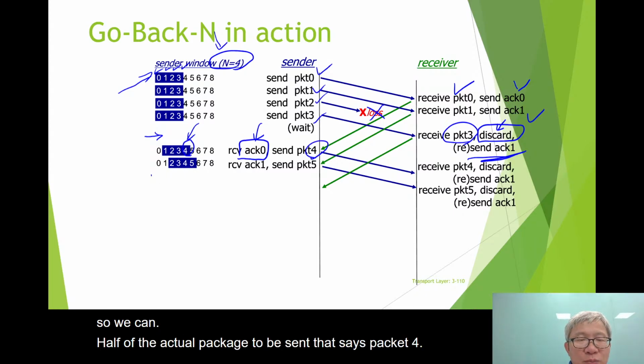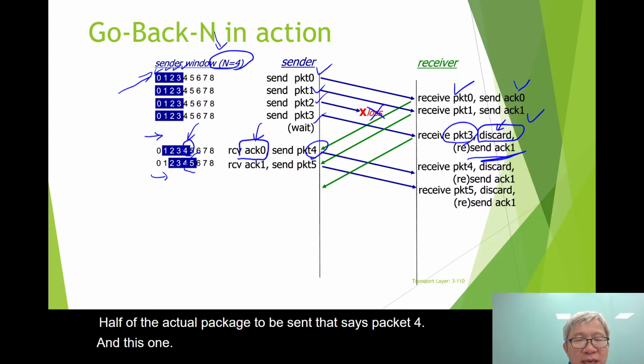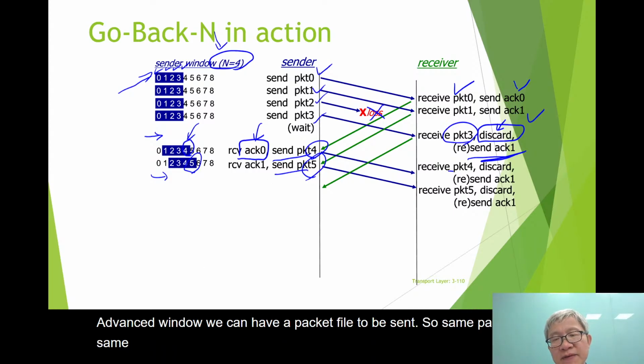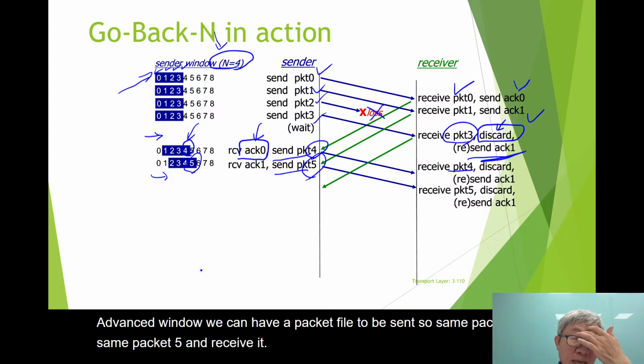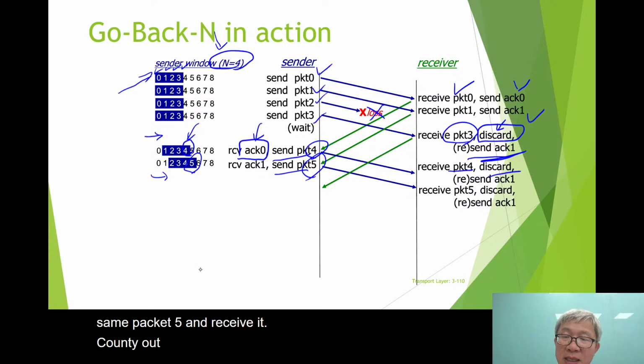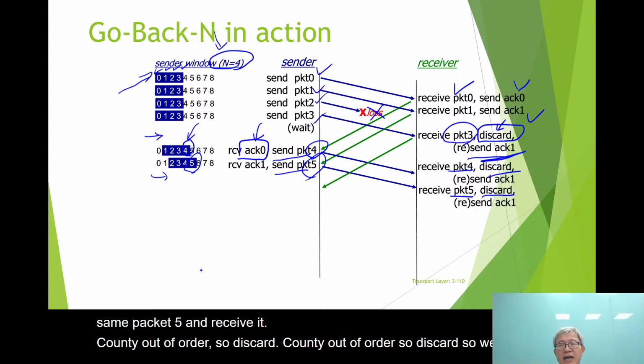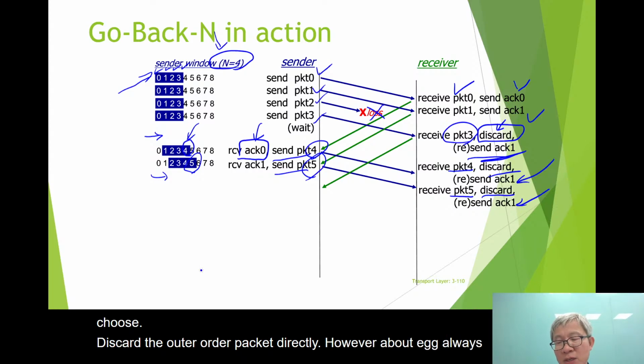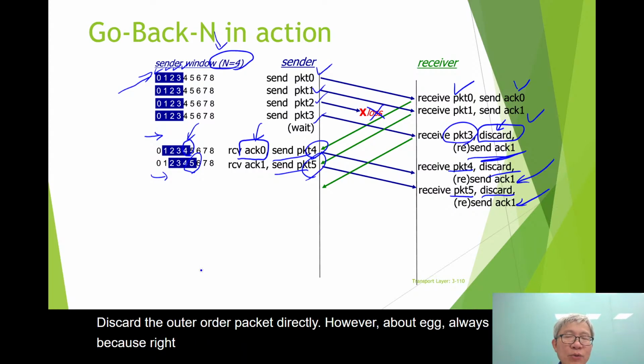And with the advanced window, we can have packet 5 to be sent. So send packet 4, send packet 5, and receive it currently out of order, so discard. We choose to discard the out of order packet directly. However, about ACK, always ACK 1 because right now up to packet 1 we can receive properly.